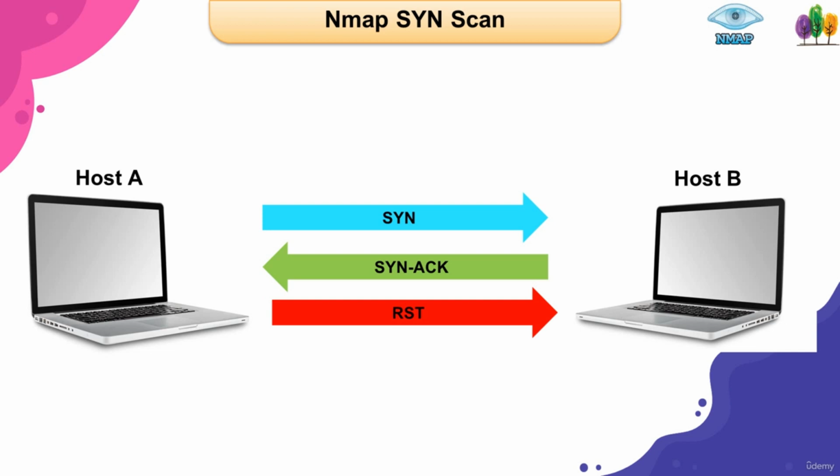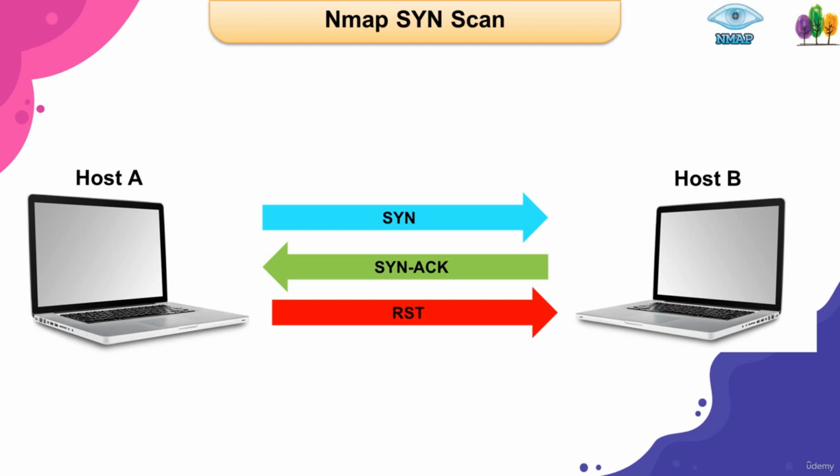Instead, it sends a reset packet. So that way the possibility of logging is reduced and our speed increases as there is not a full connection. Now, this type of scan is especially useful for systems that use firewalls. That way the status of the corresponding port of the target is determined.